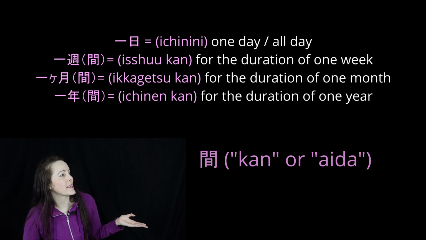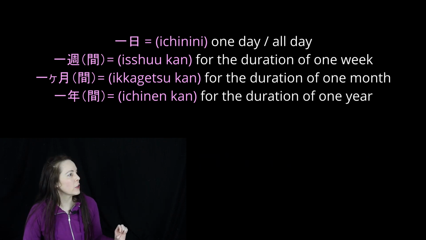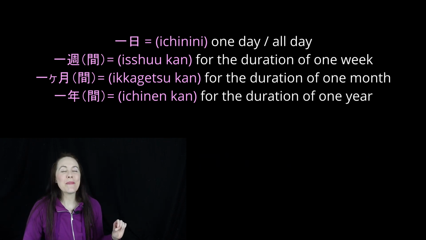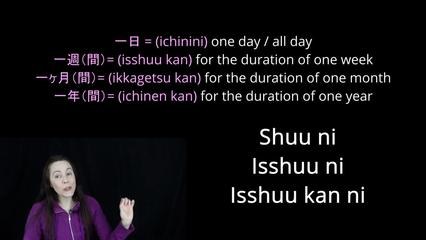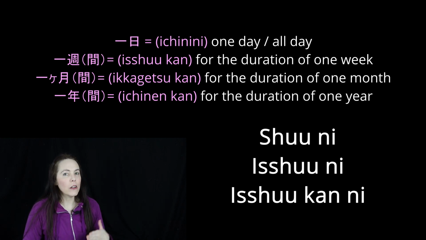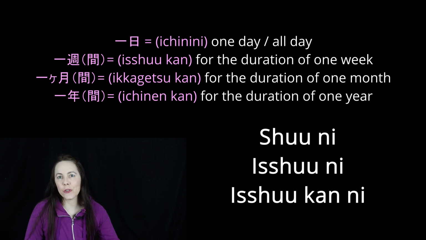Also, you don't always need the ichi when you're speaking colloquially. You may have noticed, like in the title of this video, the very first thing I said was shuni rather than isshuuni or isshuukan. All of those are correct. It's just if it's 1 week, usually you don't need to say isshuuni, you just say shuni. So those are our periods of time.